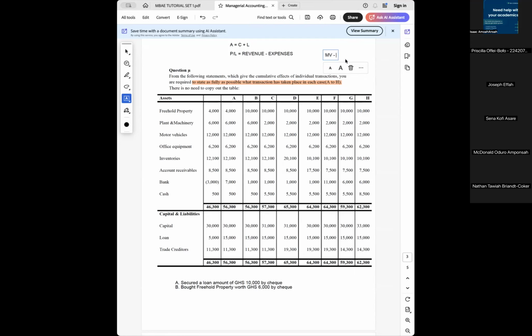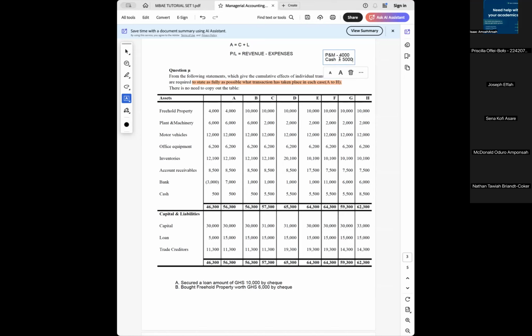I'm using negative to show a decrease. And cash increased by, I'm using plus to show an increase, 5,000.